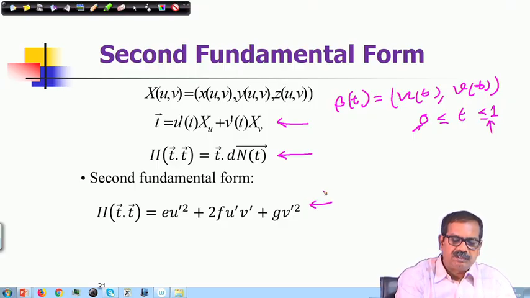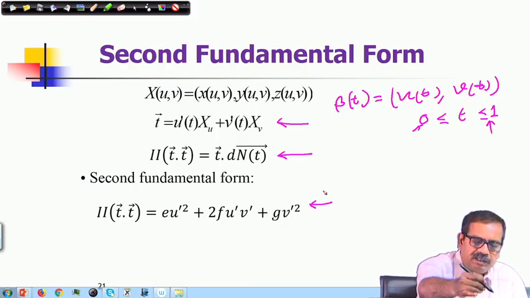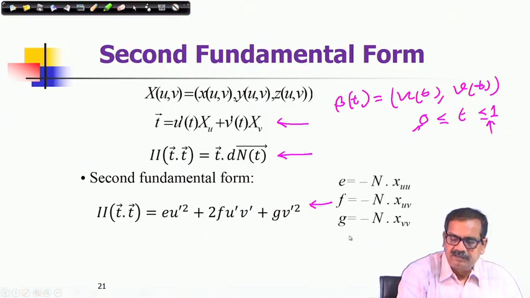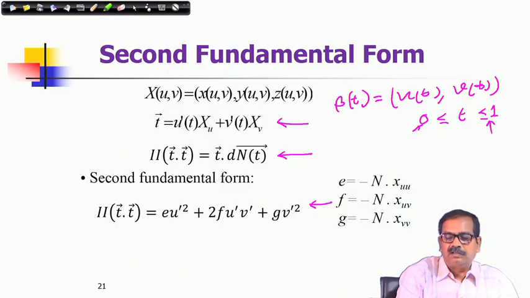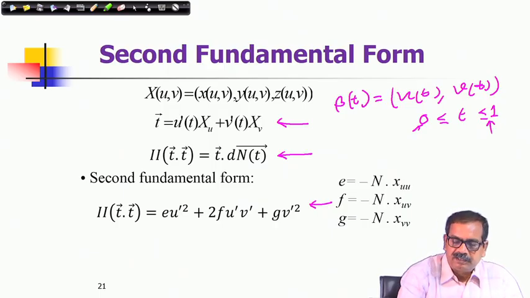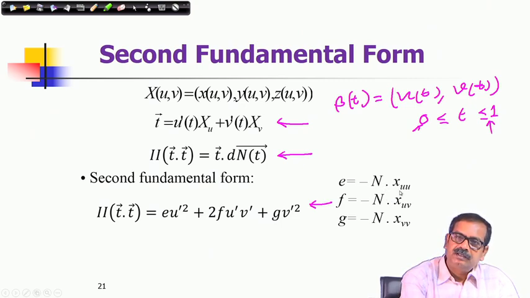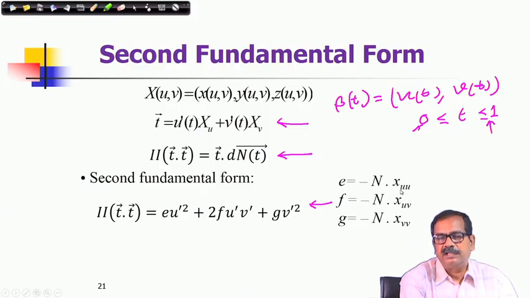With the same descriptions, here you can see e, f, g, three parameters which are related to these functions, and this is the definition of small e, f, g, which are all related to the second fundamental form. They are the dot product of the normal at that surface point and the second derivative vector of the variations along the constant v curve.